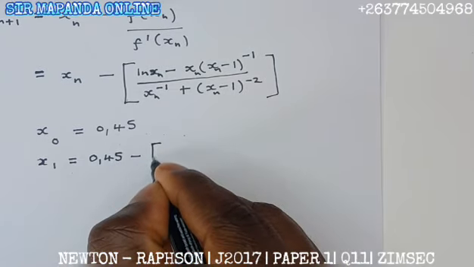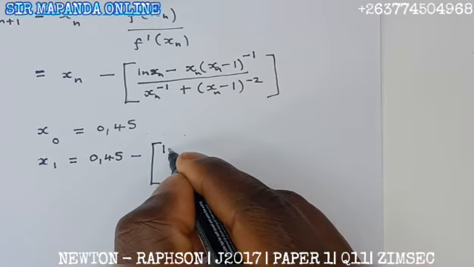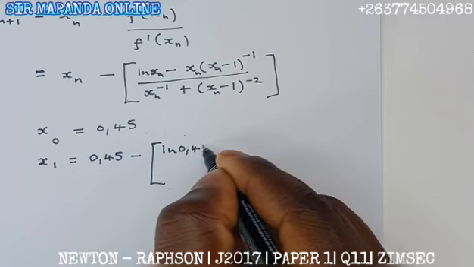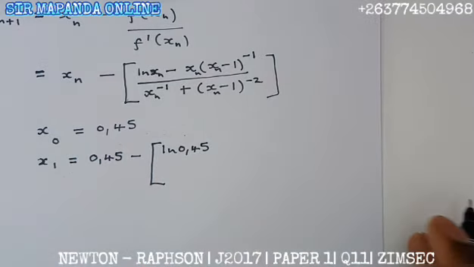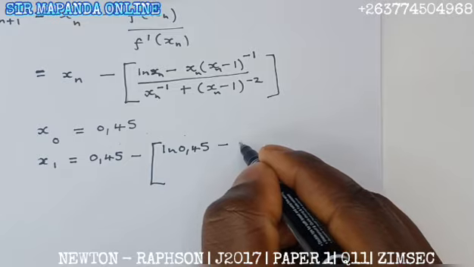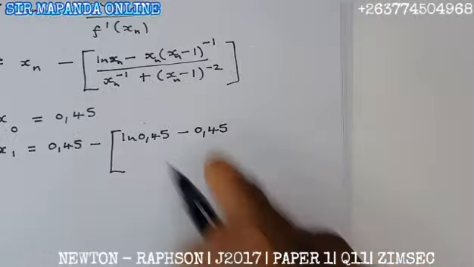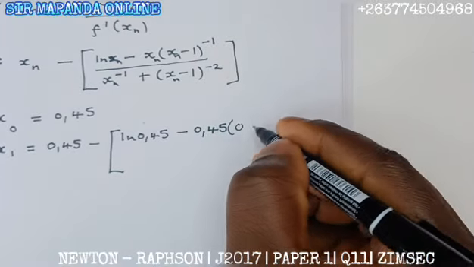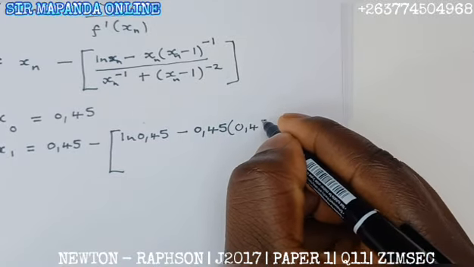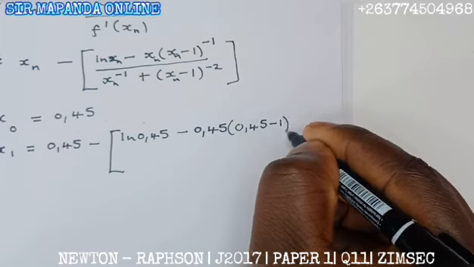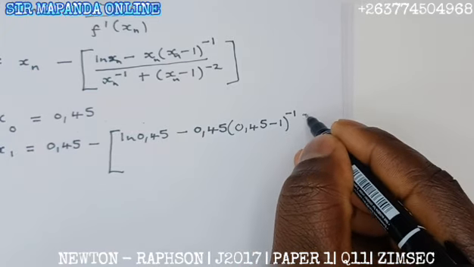So you get 0.45, right? Minus, then you put your big bracket. You write ln 0.45. I hope you are following class. Minus, then you put 0.45 on x. You write 0.45 minus 1 to the power of minus 1.